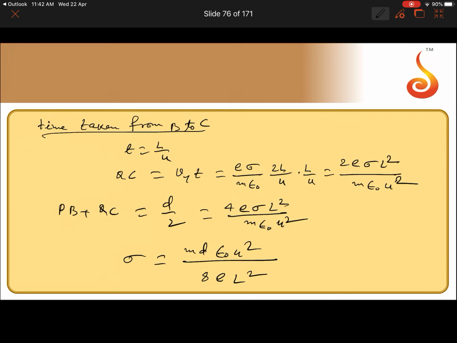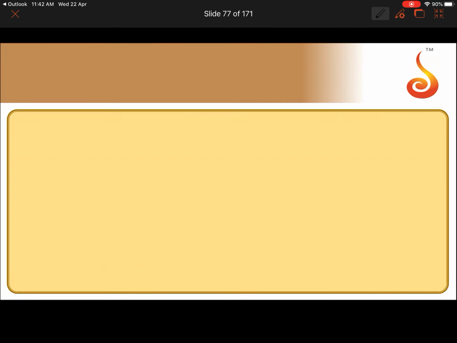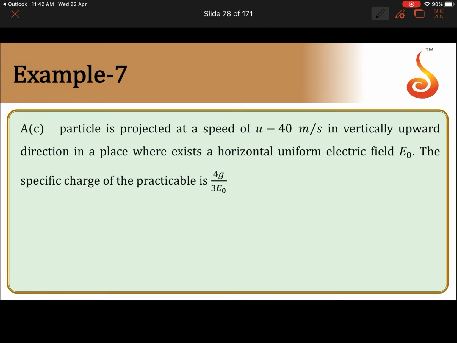So this is the required value of the surface density of charge.